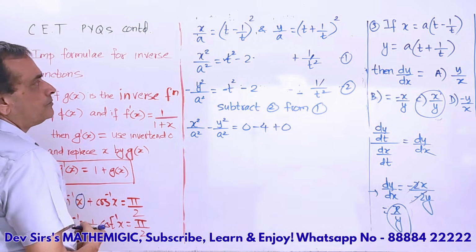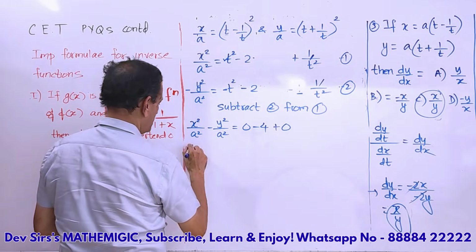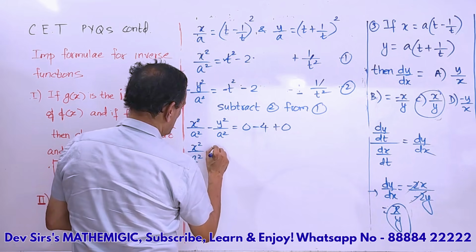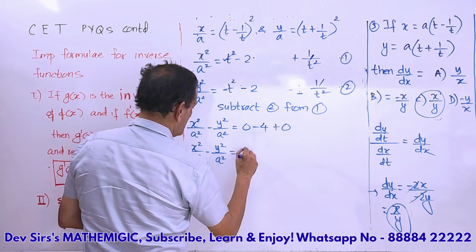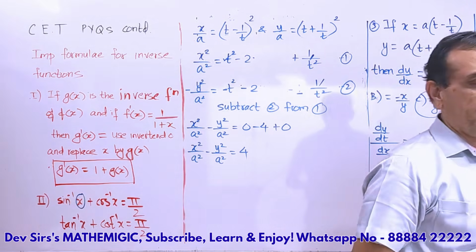So what has happened now? You just get a simple equation where t has been eliminated.